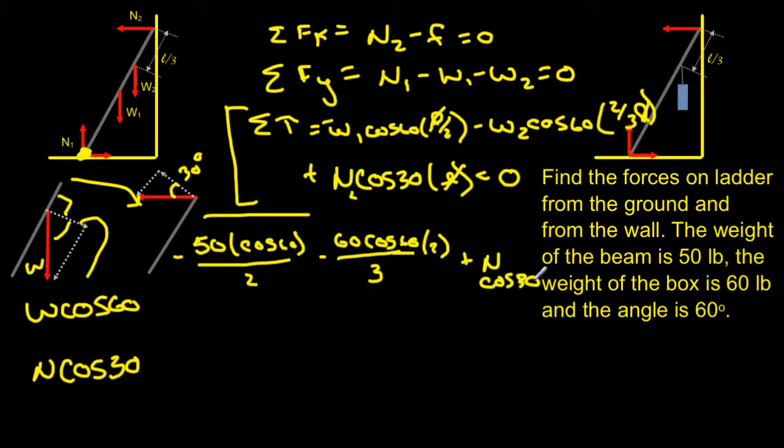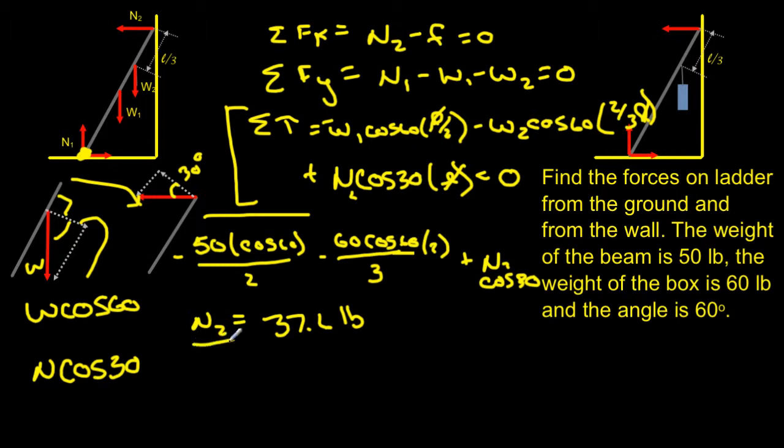We're running out of room here, and that all has to equal 0. So we solve that for N2. We do all this mathematically in our calculator, and N2 will come out to be 37.6 pounds. So that's one of our answers.